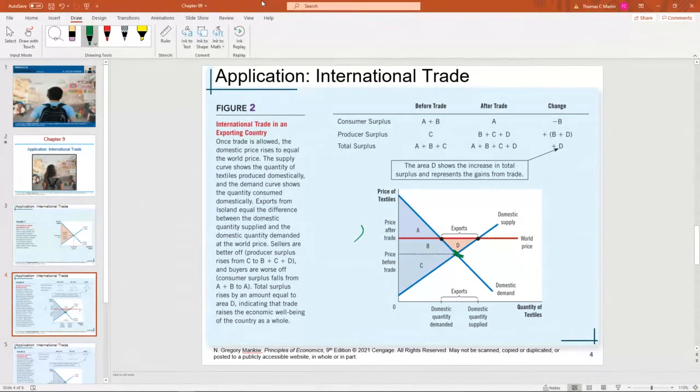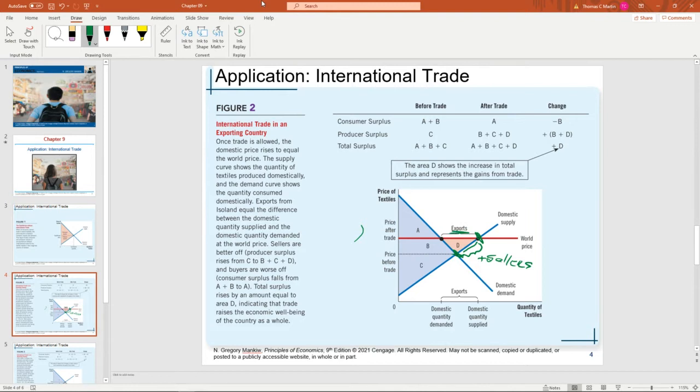In our domestic market, the way it was looking, this group right here did not exist. Well, they existed, but they were not willing to sell the product at that price range. Now, when the world price goes up, now they have a market for their goods. So this group right here is going to enter the marketplace. So we're going to add sellers to the equation. Now this is going to result in exports.